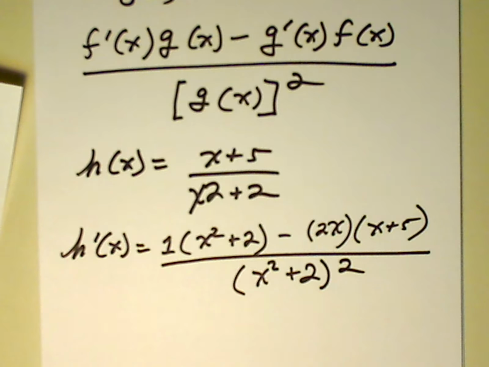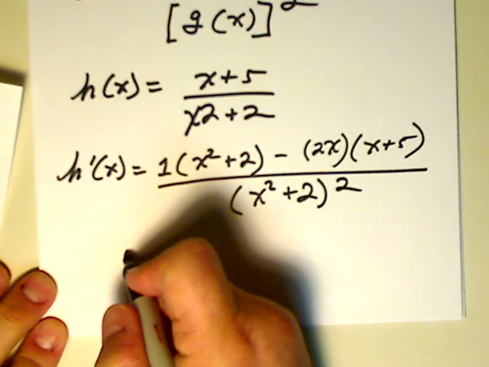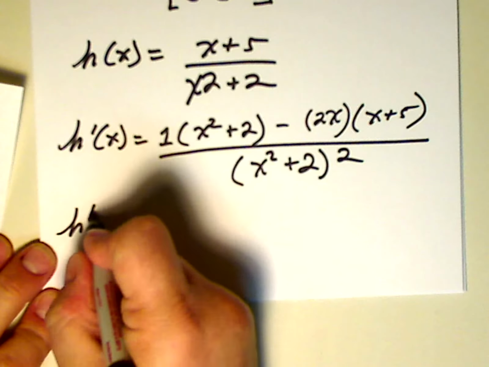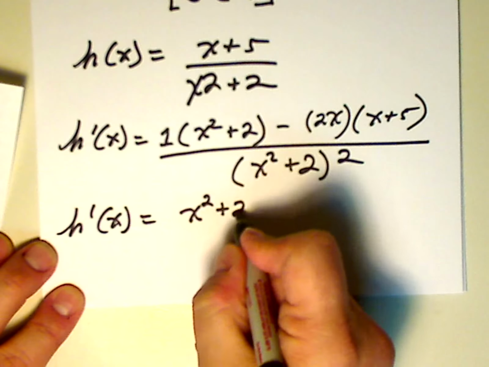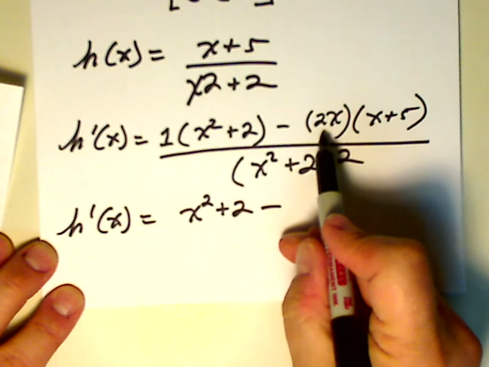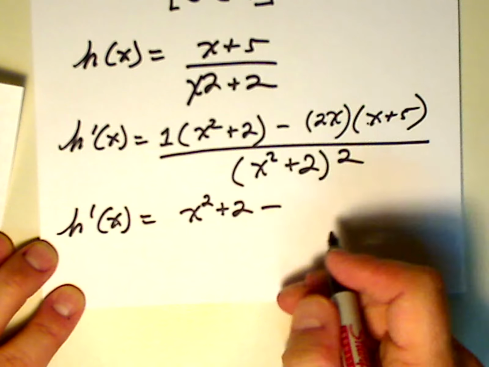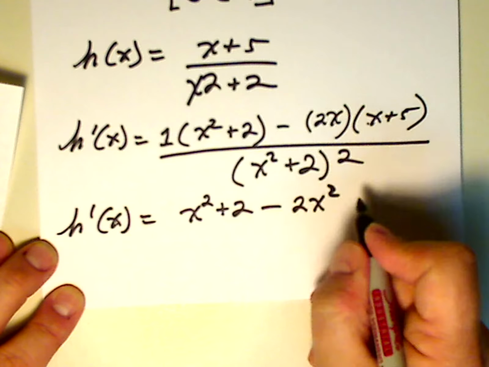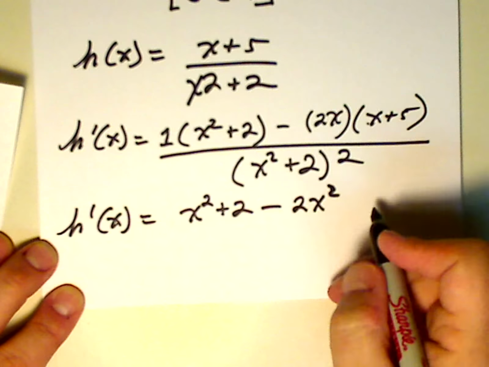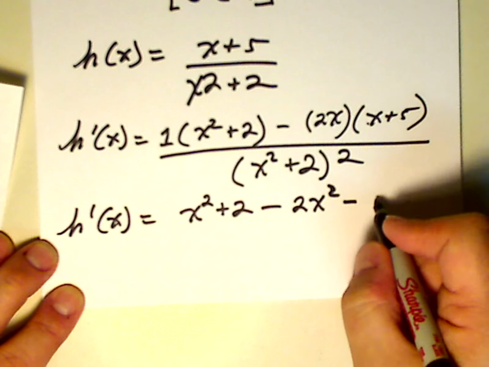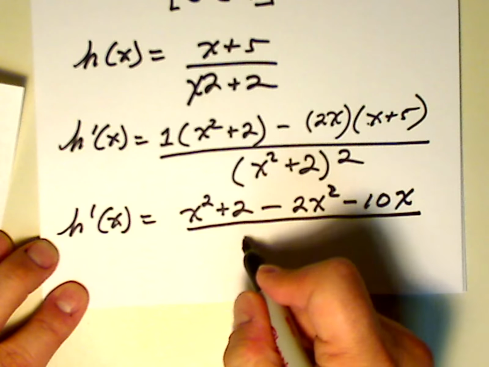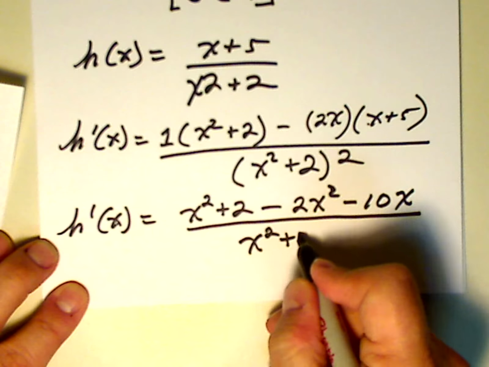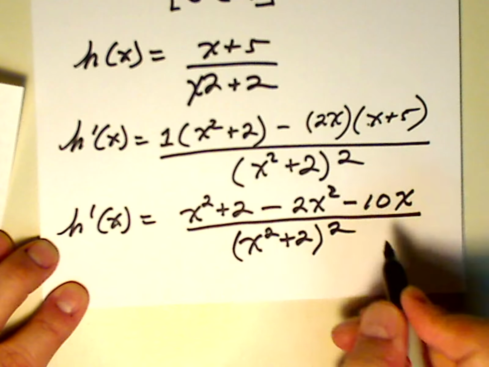So, let's see what we've got here now. So, h prime x is equal to x squared plus 2 minus 2x times x, which is minus 2x squared, minus 2x times 5, which is minus 10x, and that's all over x squared plus 2 squared.